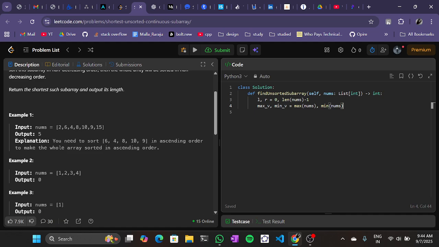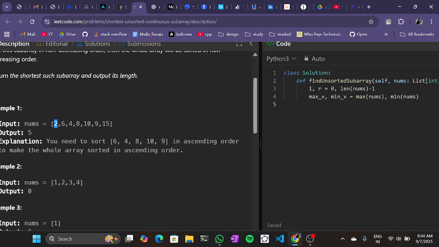Keep the pointer. 15 is fine with 9. Not, 9 is not fine, it's 10.